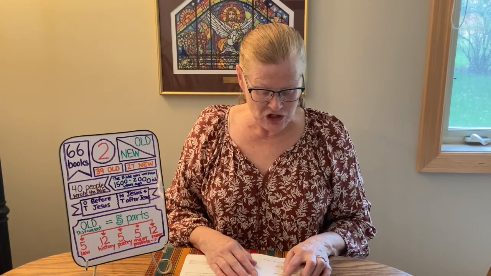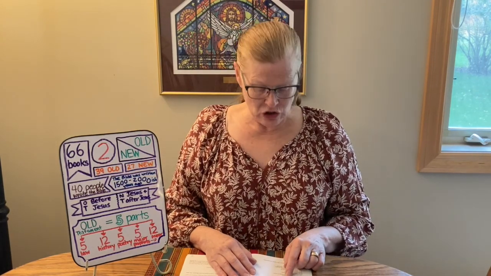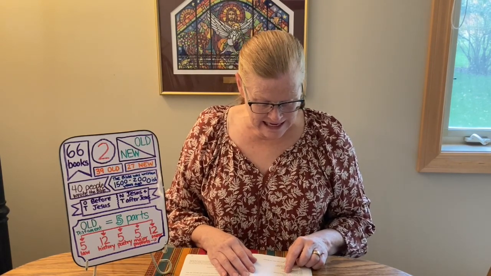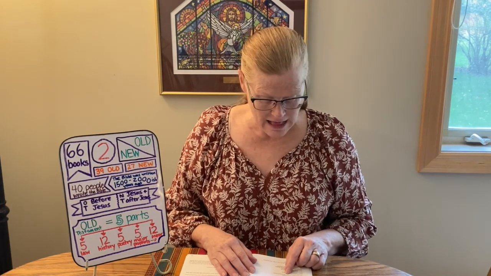Genesis, Exodus, Leviticus, Numbers, Deuteronomy. Let me try that again. Genesis, Exodus, Leviticus, Numbers, Deuteronomy, Joshua, Judges, Ruth, 1st and 2nd Samuel, 1st and 2nd Kings, 1st and 2nd Chronicles, Ezra, Nehemiah, Esther, Job, Psalms and Proverbs, Ecclesiastes, and the Song of Solomon.